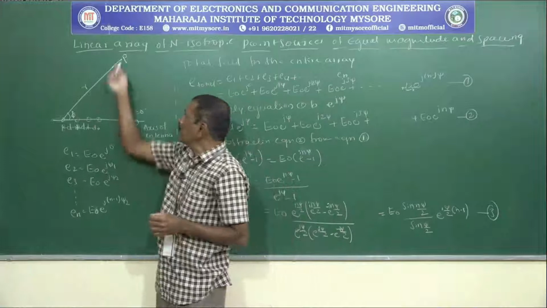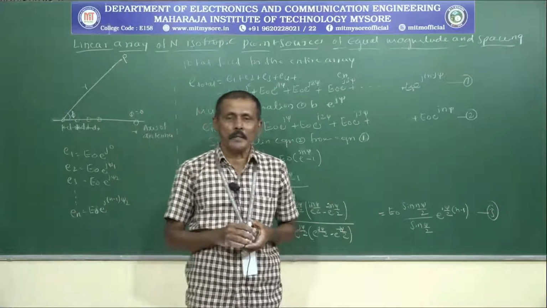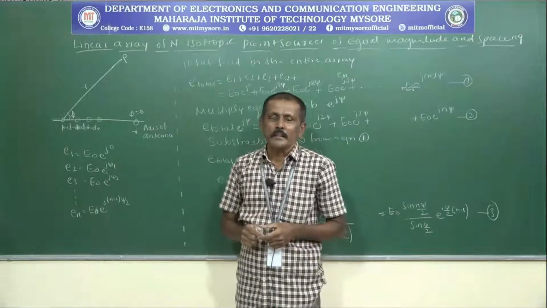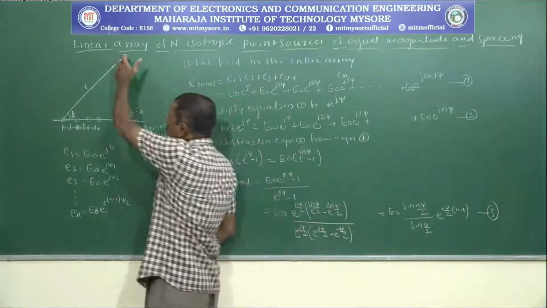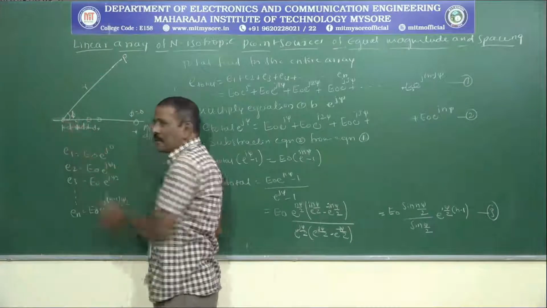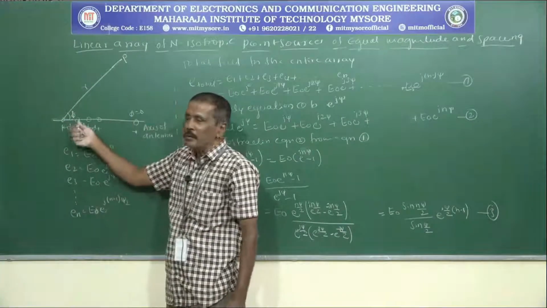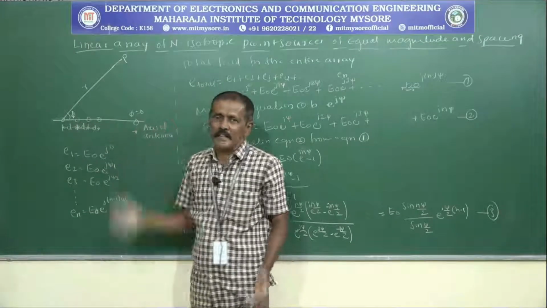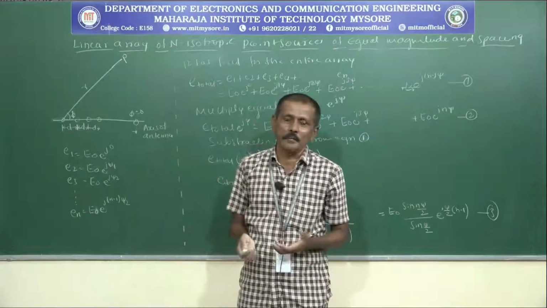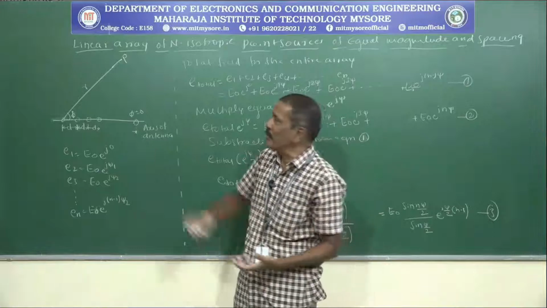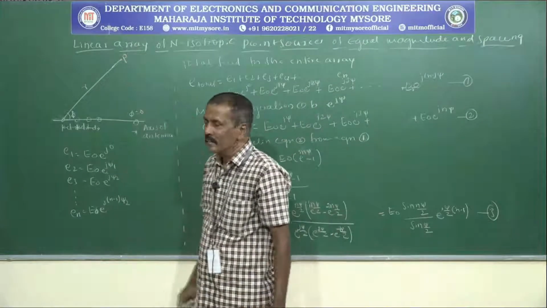Now, to calculate the field strength at the point P, we need to calculate the field strength at P due to the antenna element A1, due to the element A2, A3, A4, A5, A6, like this. For all the elements, you have to calculate it here.